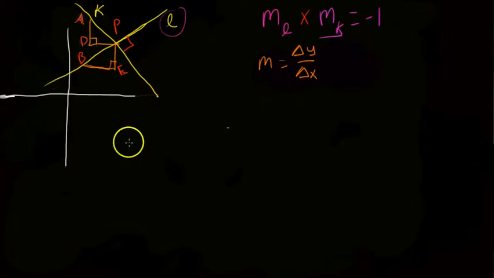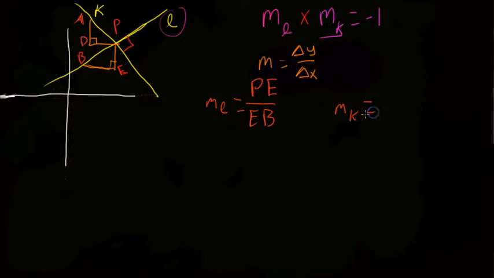So right off the bat, we want to realize what the slopes actually are. The slope of line L, m of L, is equal to the change in y, which is PE, over the change in x, which is EB. And the slope of K is equal to the change in y, AD, over the change in x, DP.